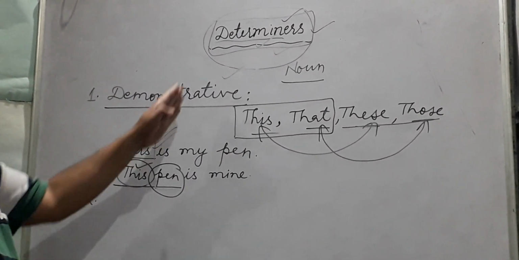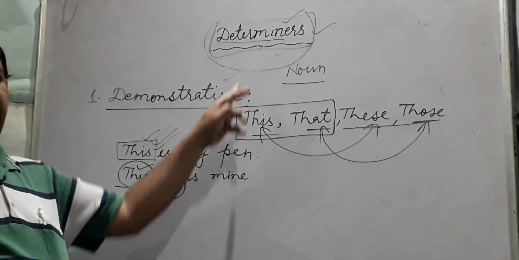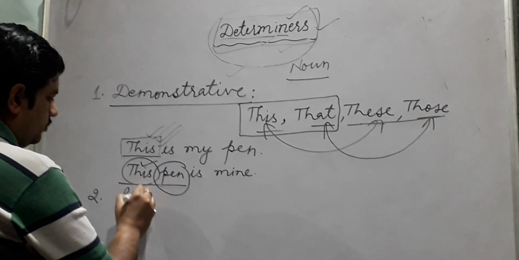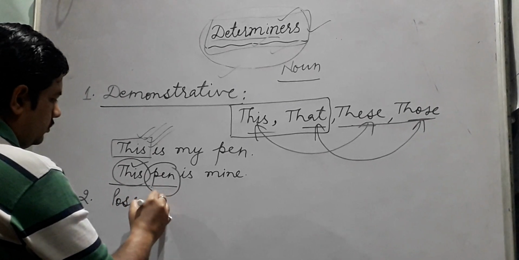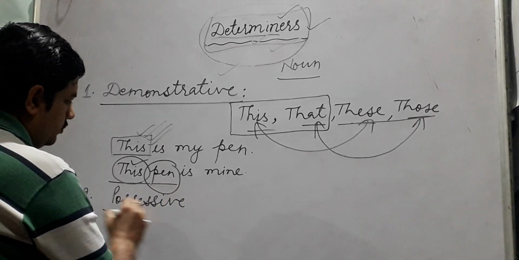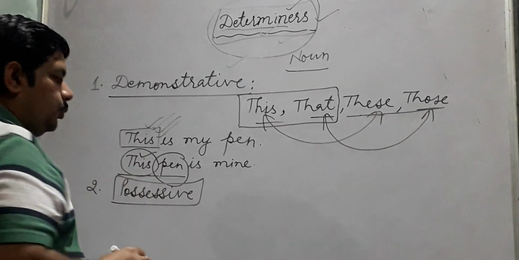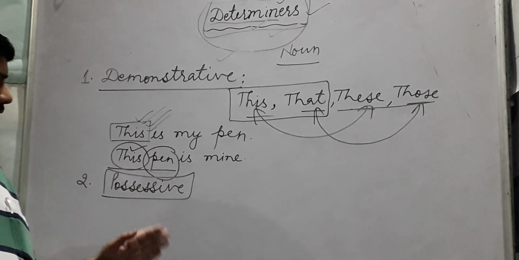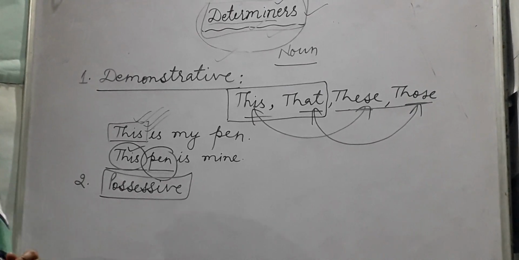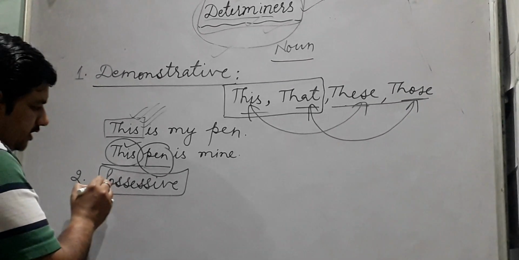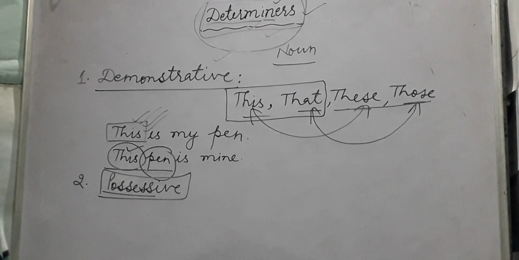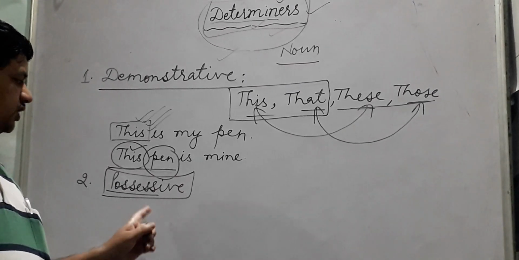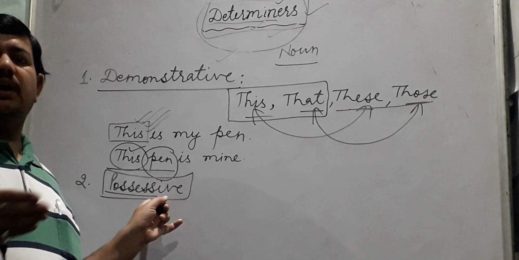The next type of determiner is possessive. Possessive determiner is also very important. Here also there is a word possess, which means it explains some kind of ownership, some kind of belongingness.